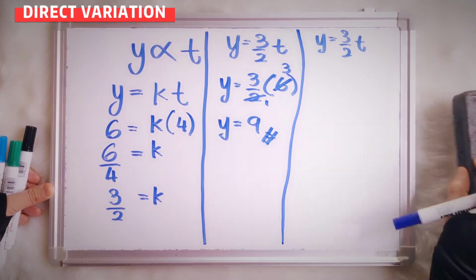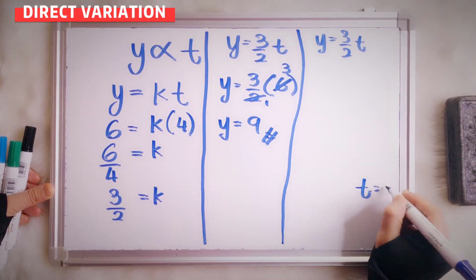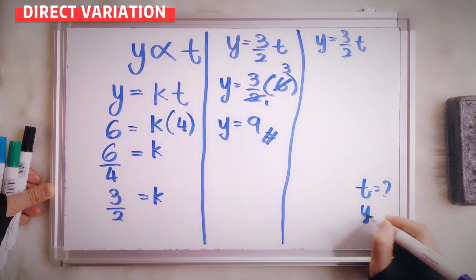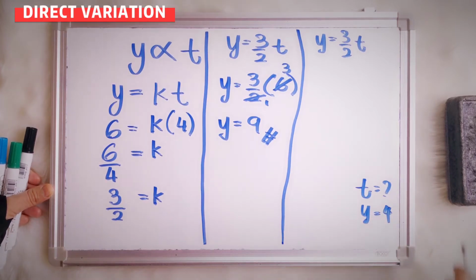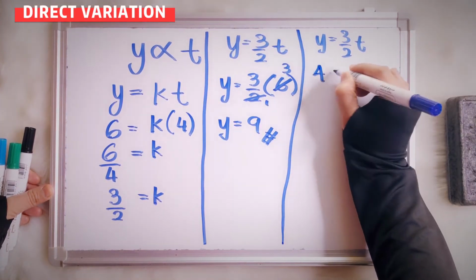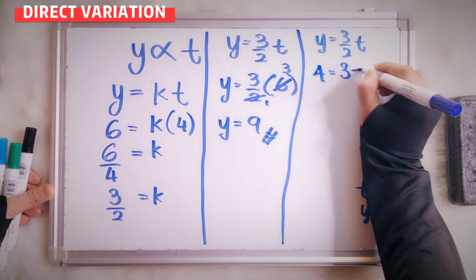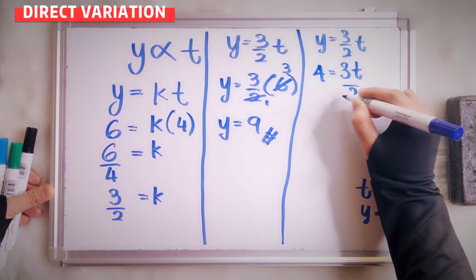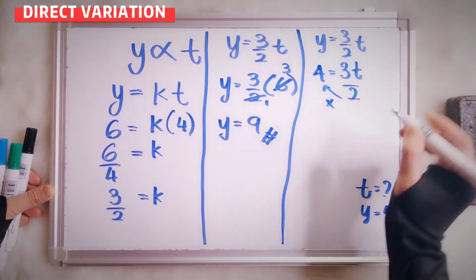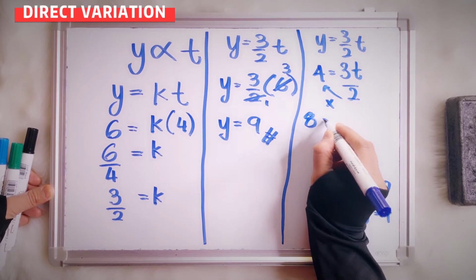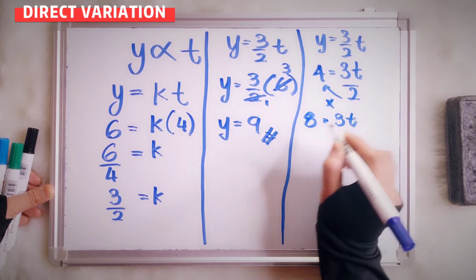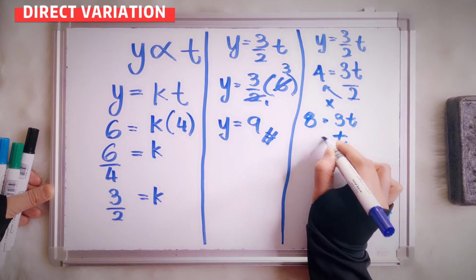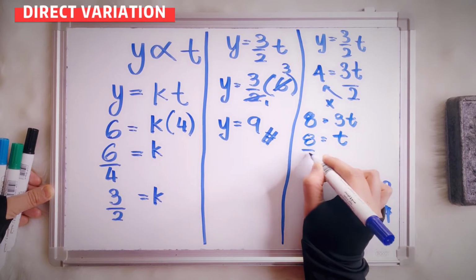What is the value for t when your y equals 4. Okay, so you have to put 4 here. Okay, 3t over 2, correct? So you have to multiply. So you have 8 equals 3t. That means your t equals 8 over 3.